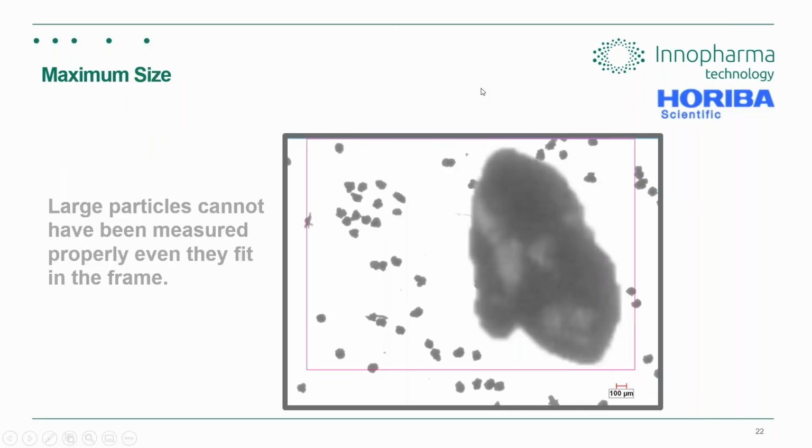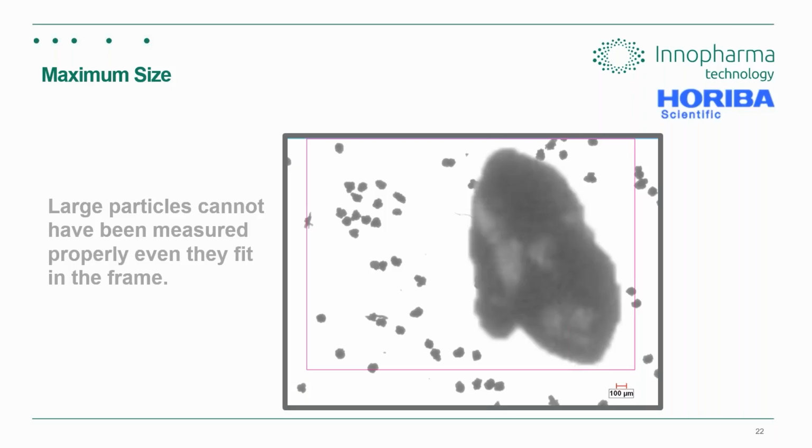Okay, so then minimum size to maximum size. Maximum size is determined more by your viewing area and the actual size that you're looking at. If we look at this large particle being projected on the virtual imaging area here, you generally try to have a rule that your maximum particle size is not more than 50% of your imaging area.